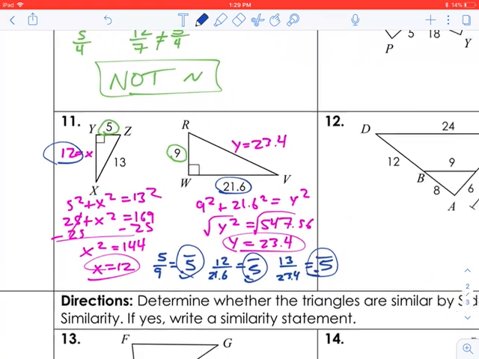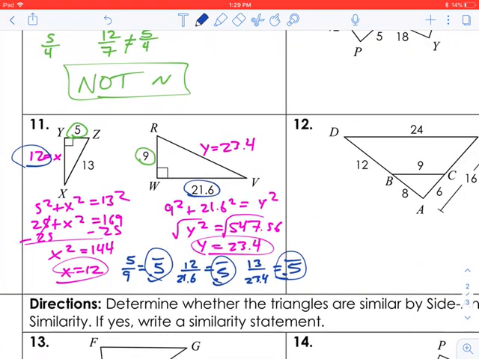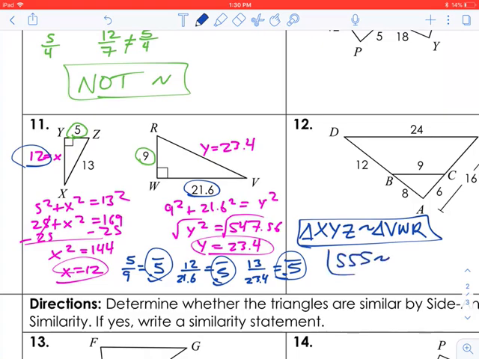And so therefore, let's write out our triangle statement. Triangle, I'm going to go XYZ. XYZ is similar to triangle. X is the nearest point, so V, XY, Y is the right angle, so that's WR. And that is by side, side, side similarity.